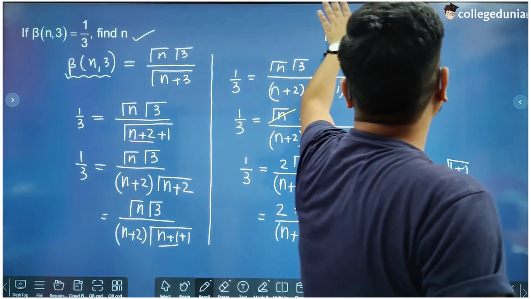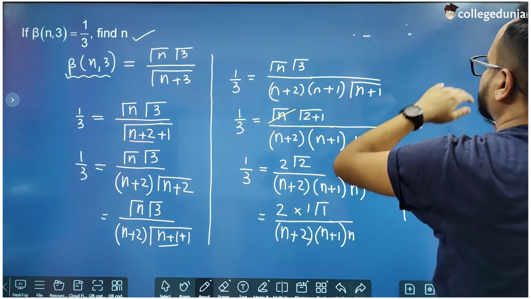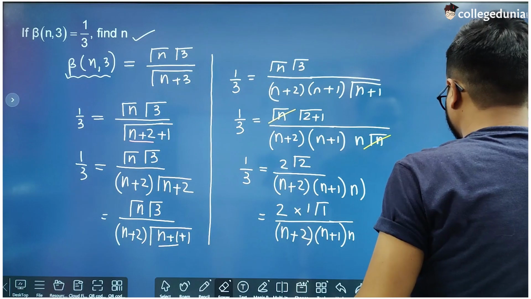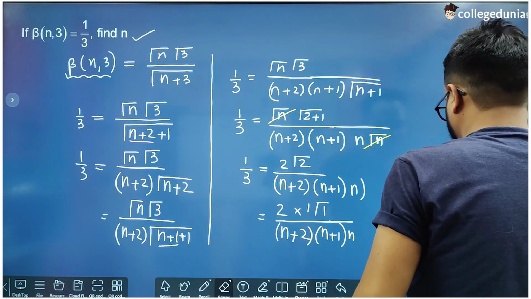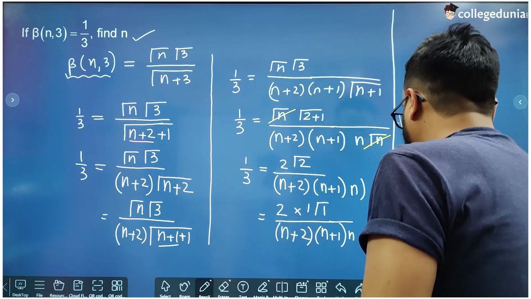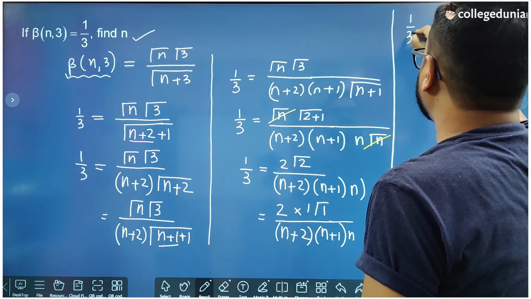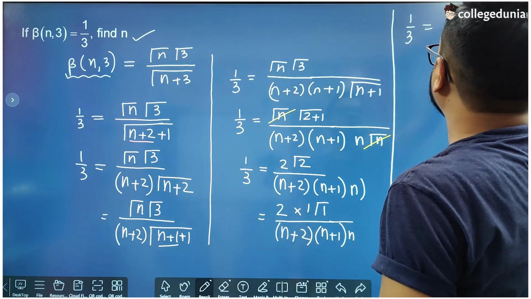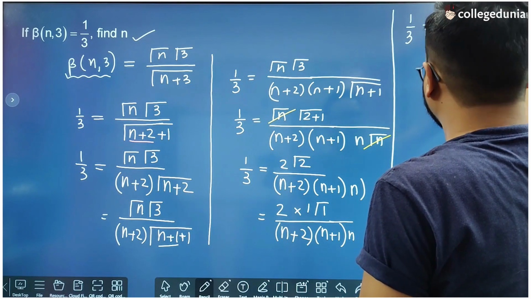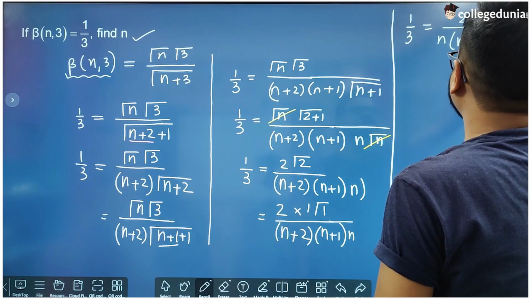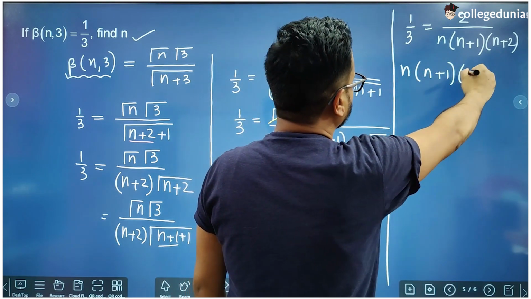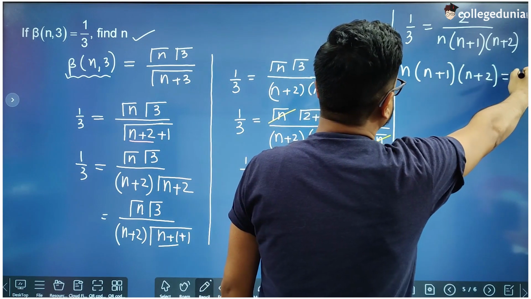So now we are left with 1 by 3 equal to 2 divided by n into n plus 1 into n plus 2. Now cross multiply it: n into n plus 1 into n plus 2 is 6.